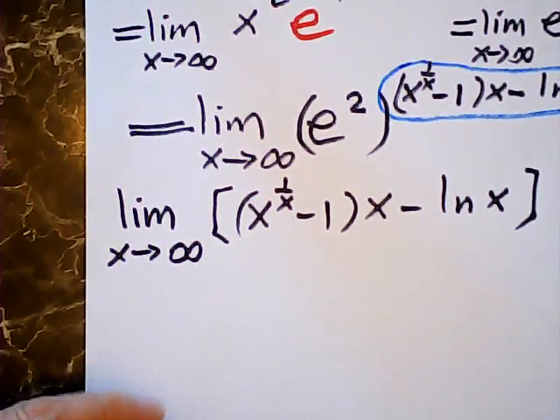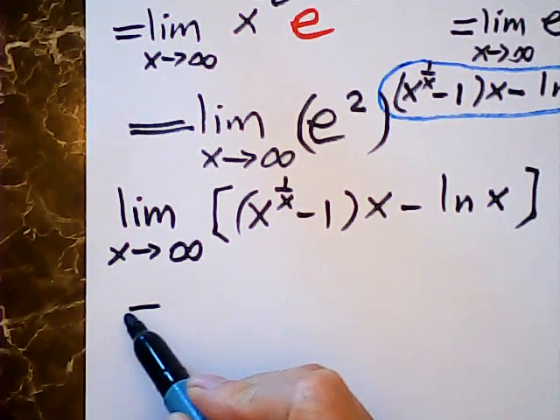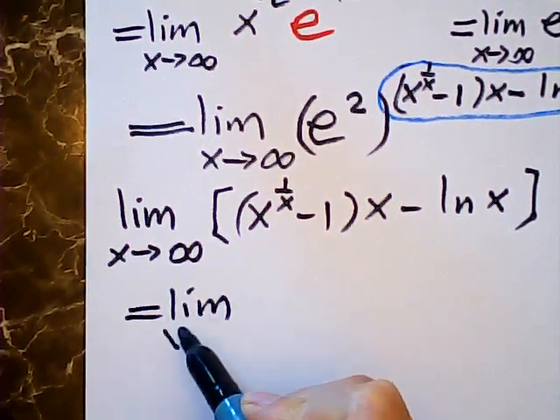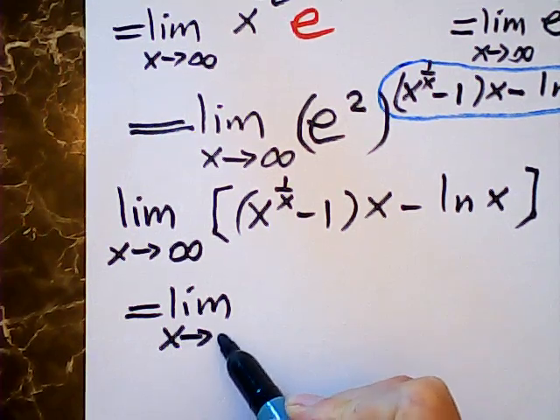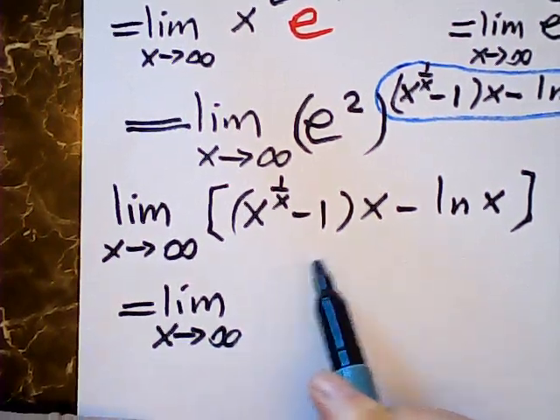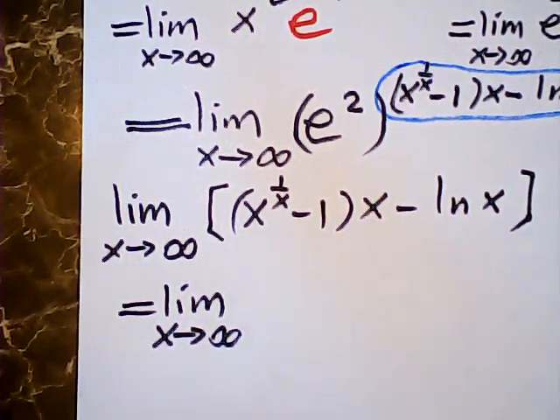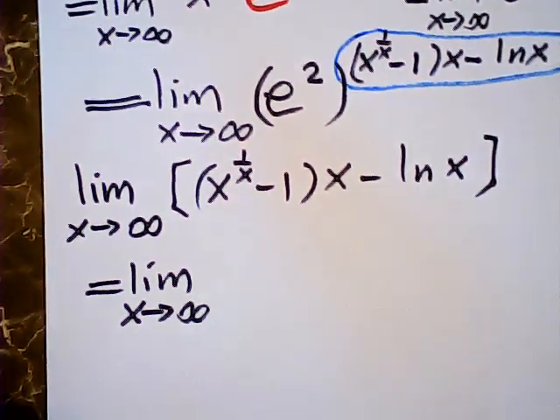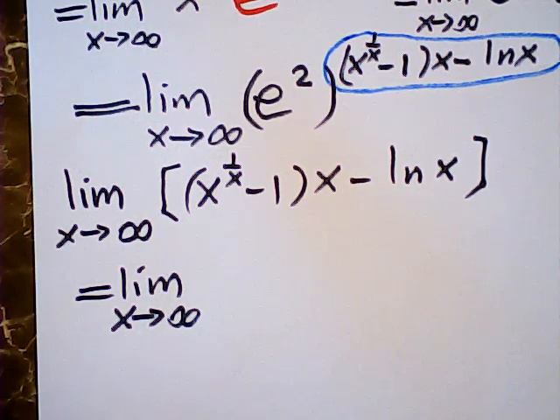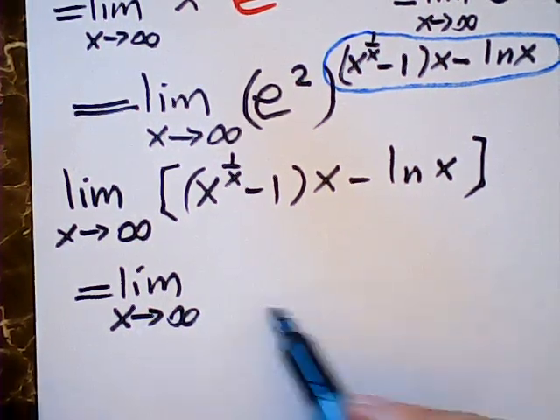Then what is next? This one is an indeterminate form, so we try to create something which enables us to use L'Hopital's rule, right?